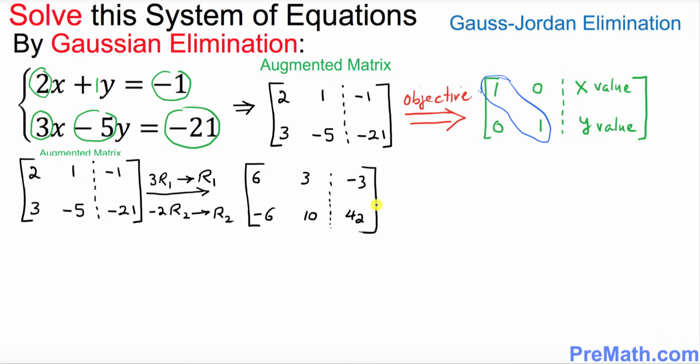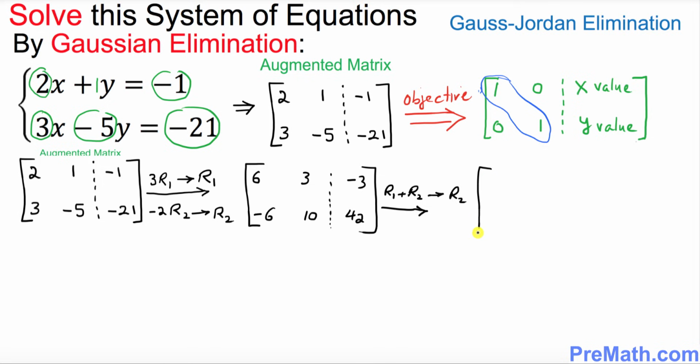And now the next operation we're going to do is, I want to add first and second row and put it in the second row again. So this is what I'm going to do. I'm going to put down row 1 and I'm going to add 2 rows and put it down to second row, R2.